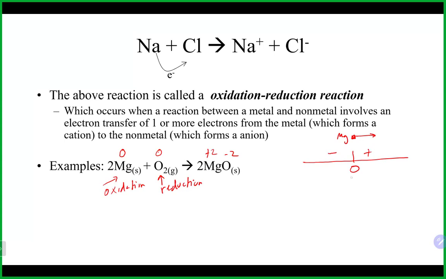And we can look at the oxygen. Oxygen is starting at 0 and ending at -2, going in the negative direction. And again, that tells you it's going through reduction. This is also a redox reaction that is happening. Again, ultimately what's happening here is our magnesium is sending some electrons over to our oxygen in this particular case.